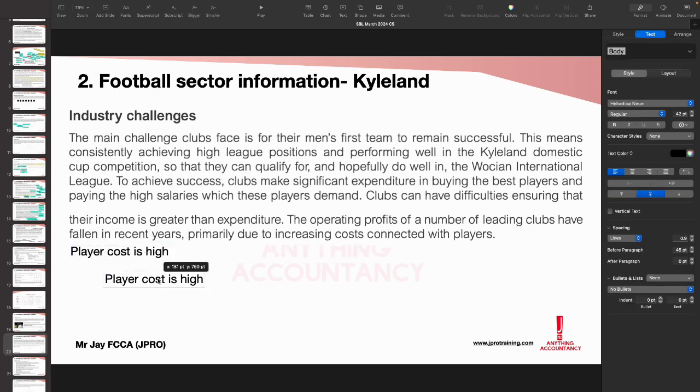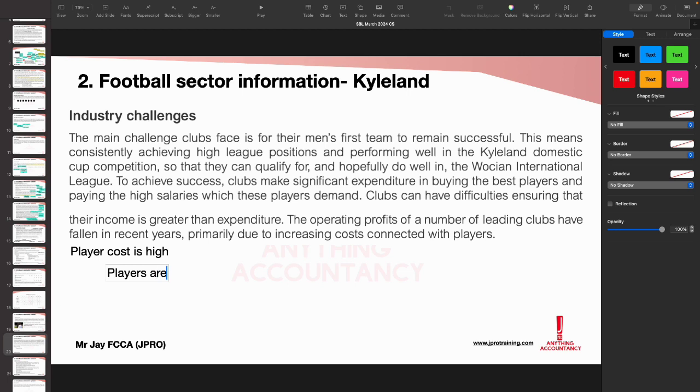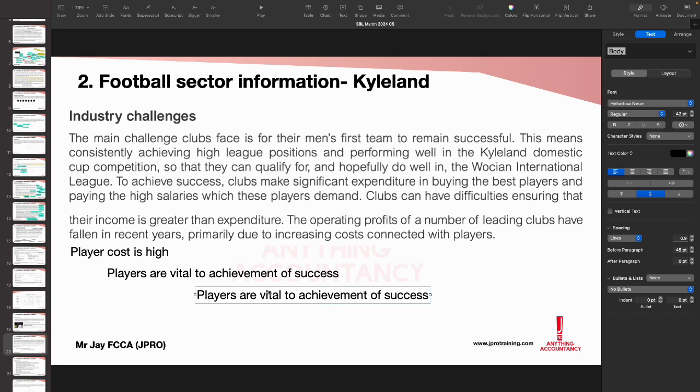Player costs are high. Players are vital to achievement of success.